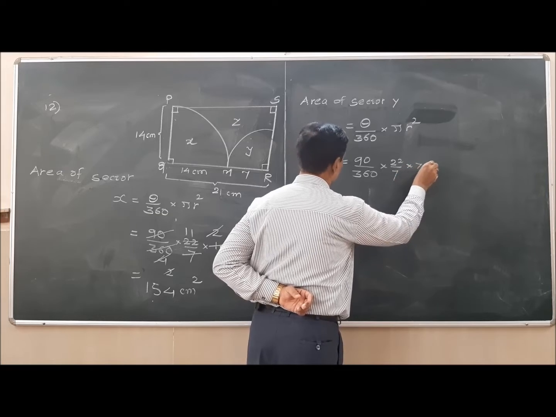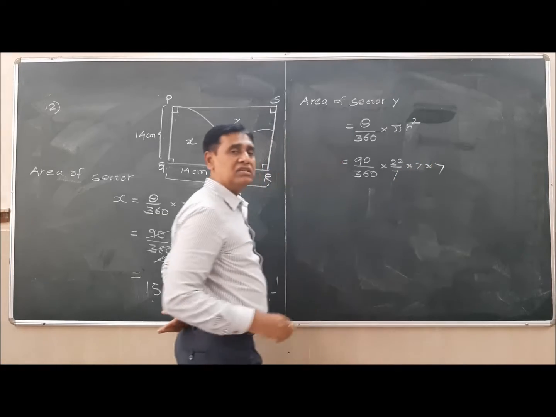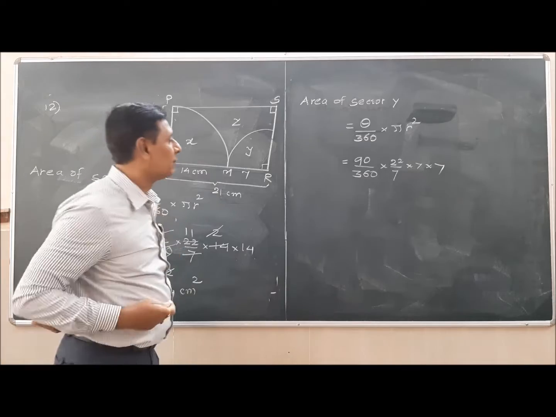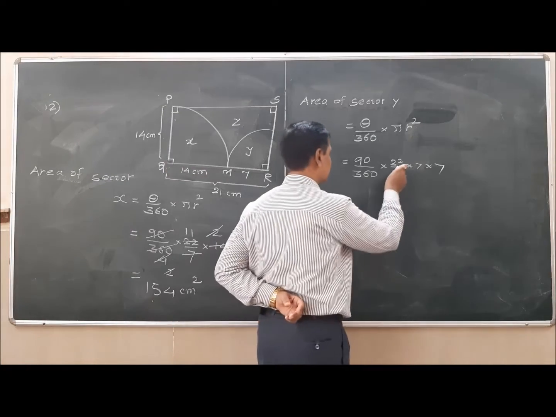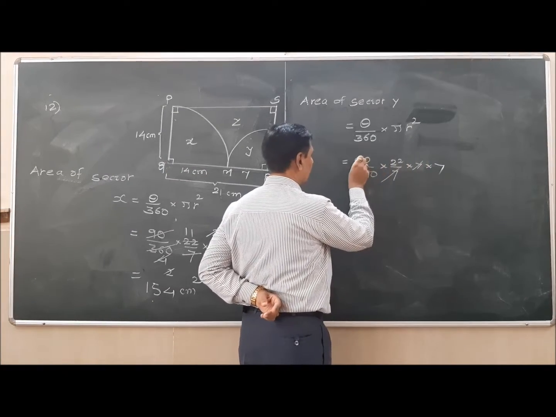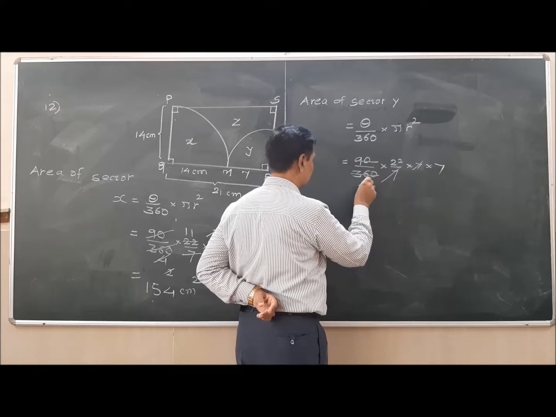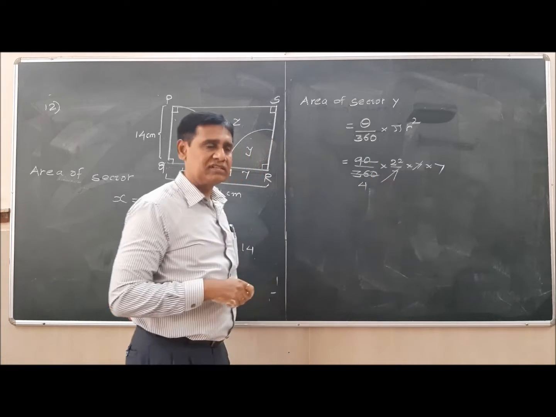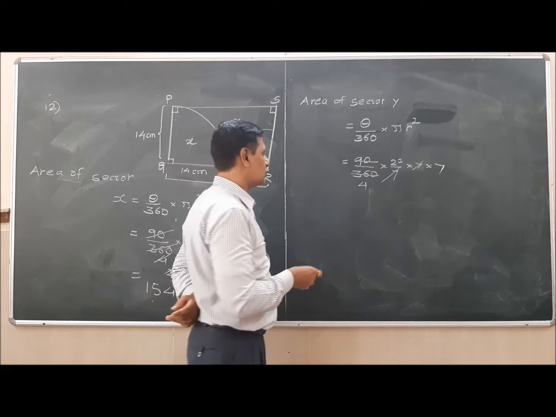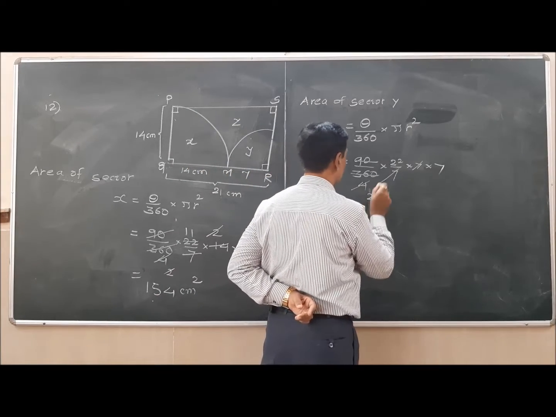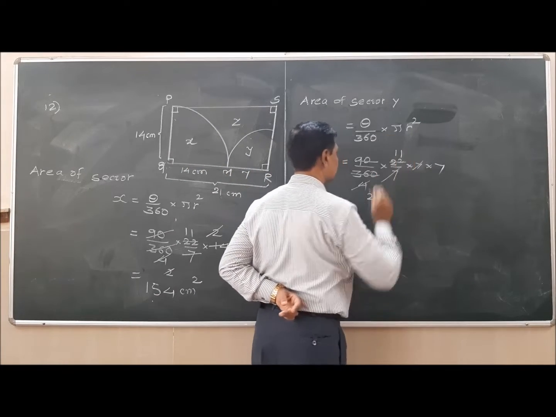But please remember, radius this time is 7, so 7 into 7. 7 and 7 will get cancelled. 9 4s are straight away 360. Now you will find 2 2s are 4, 2 1s are 2, and 2 1s are 2.